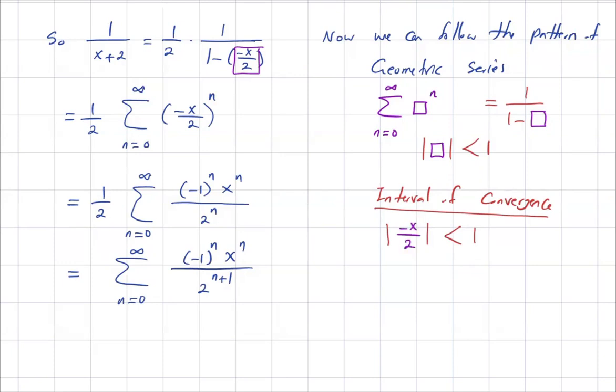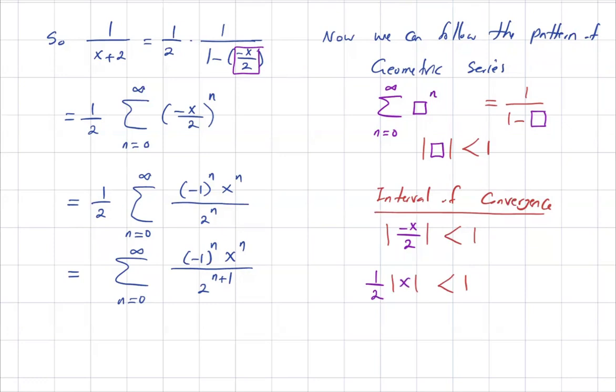Let's do more algebra and simplify as much as we can. First of all, the absolute value of negative x divided by 2 is nothing but x divided by negative 2, which simplifies to absolute value of x divided by 2, or a half, less than 1.